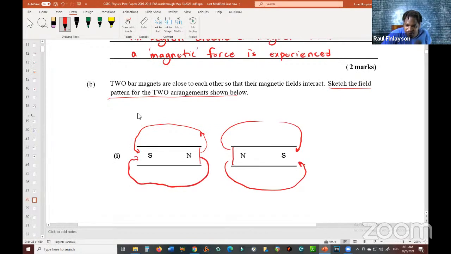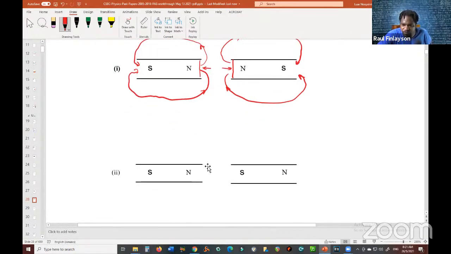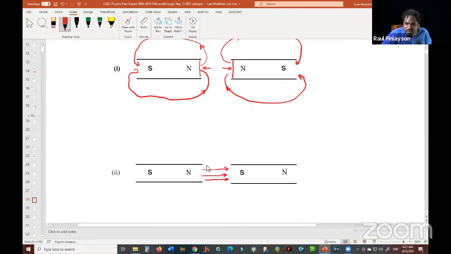However, what's going to happen here is that because the north is focusing on the south, it doesn't have any time to be attracting here. It's actually leaving a space between them, so there will be repulsion. So you could draw it this way. They definitely repel. That's the type of thing they will ask you. Of course, you know that north and south would attract, so there's going to be something happening there. It's from north to south.